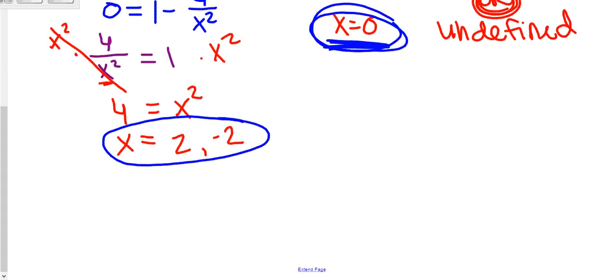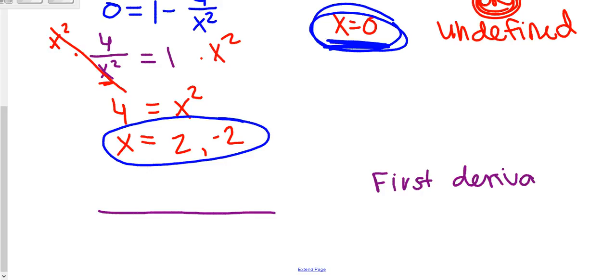These 3 numbers I am putting on my number line to do the first derivative test. The first derivative test will tell me whether a maximum or minimum is happening at my critical numbers. So I'm going to put these in order.